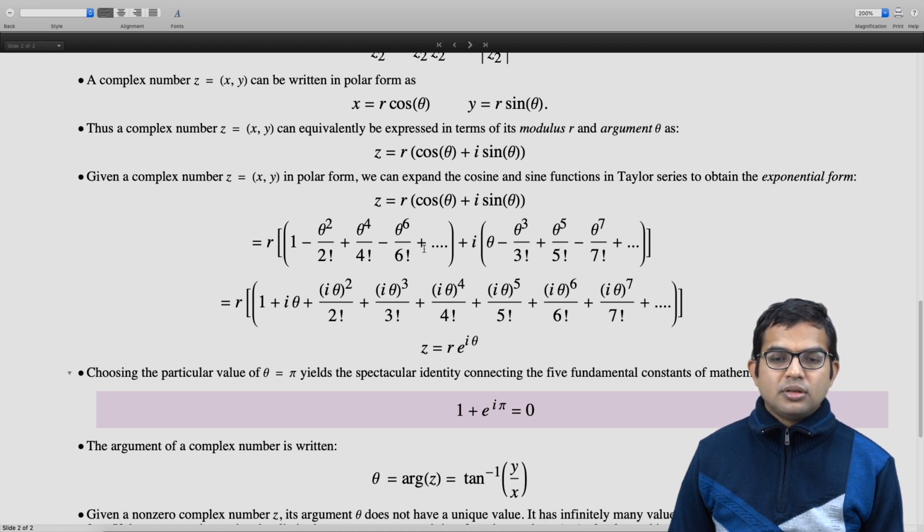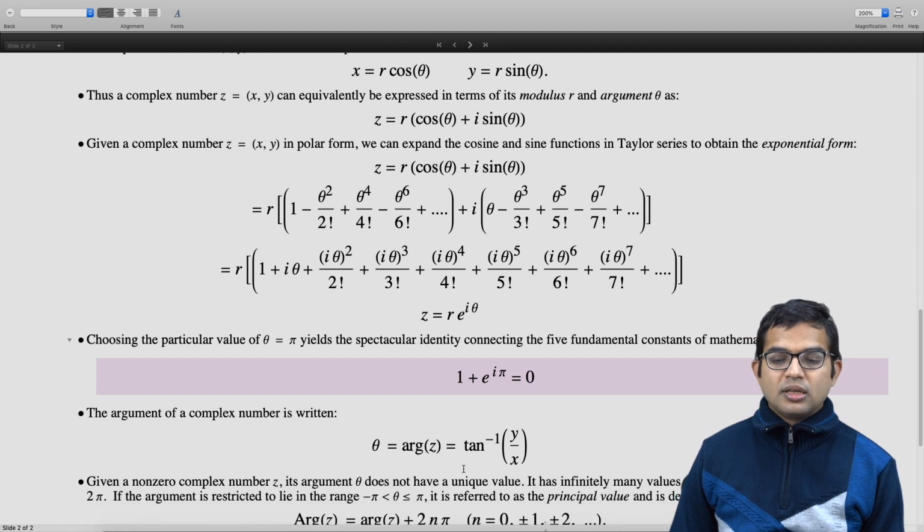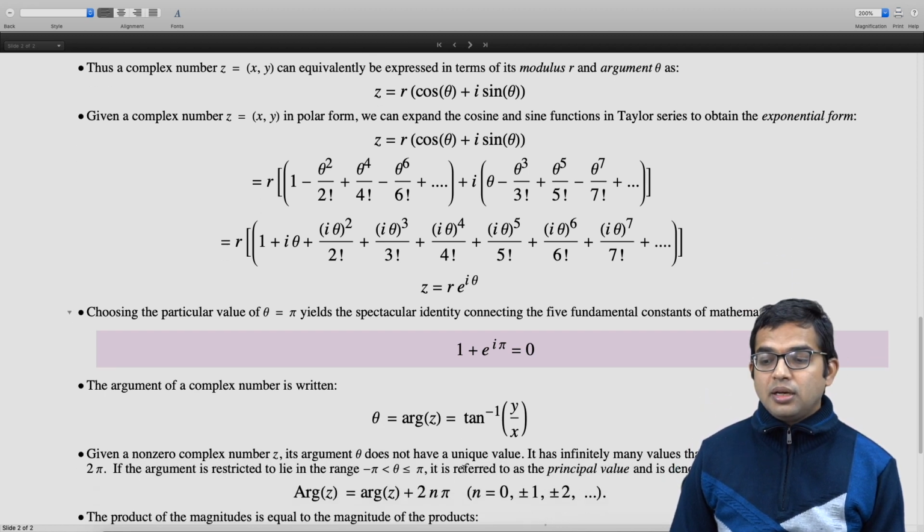So you can write an expression for cos theta and for sin theta, and then divide y by x and show that indeed tan theta is just y by x, right? So therefore you get this expression. And the key point to note here is that this theta is not unique, right? It has in fact infinitely many different values, and they all differ by integer multiples of 2 pi.